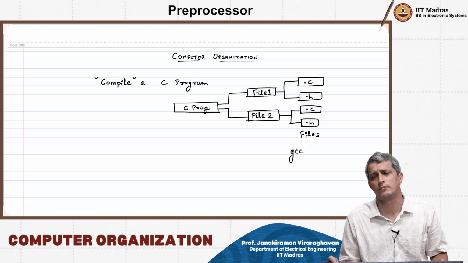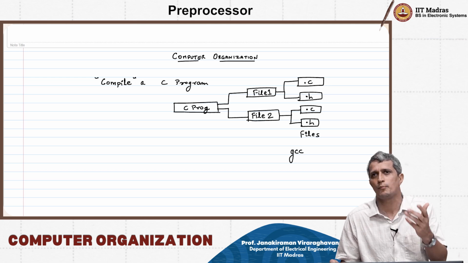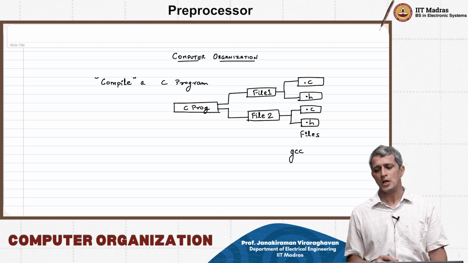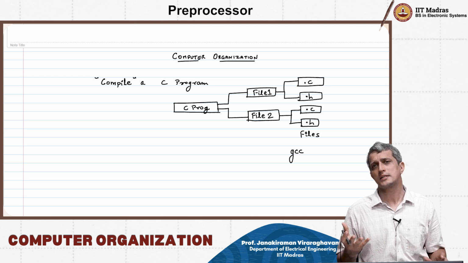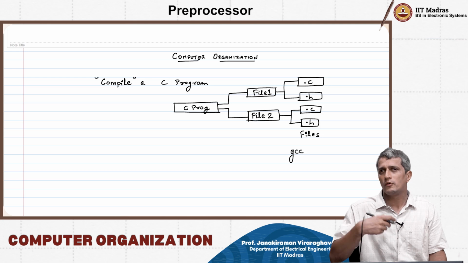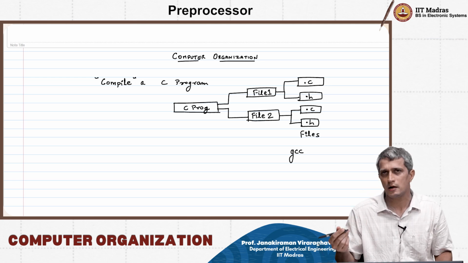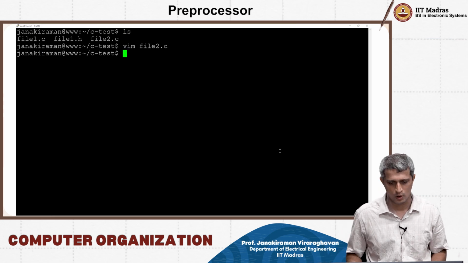I am sure all of you have coded something and used GCC at some point in your life. So we are going to understand the structure of these files and see what happens when we give them to GCC.